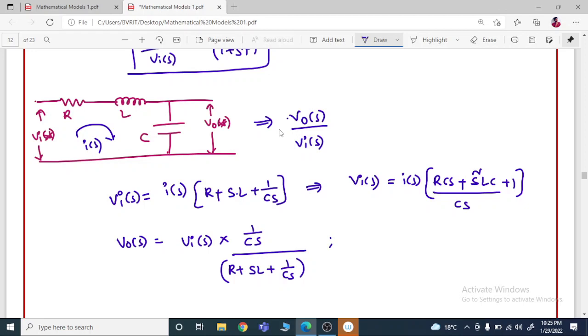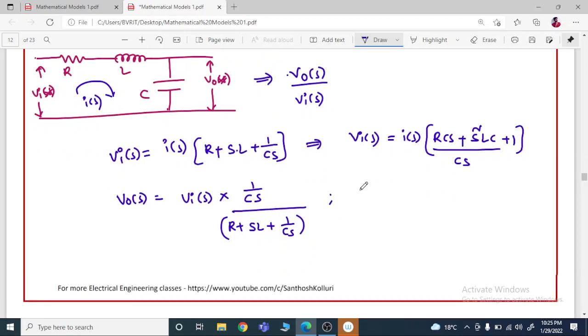So transfer function can be written as V naught of S by Vi of S is equal to 1 by 1 plus RCS plus S square LC.